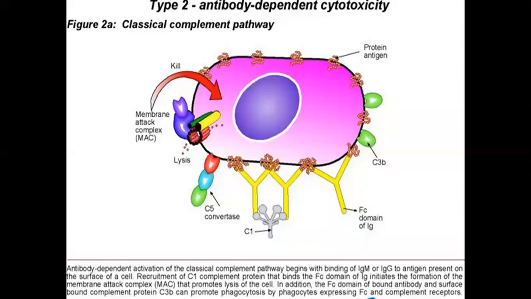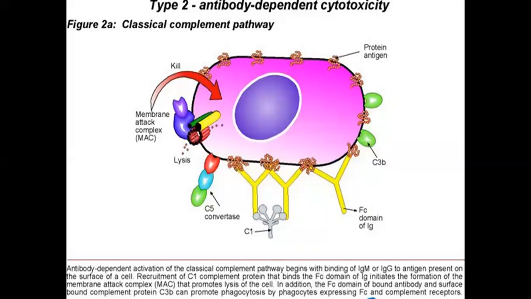The antibody is going to come and attach to that antigen already present on the surface of the cell, and then it is going to activate the complement because of the formation of antigen antibody complex.